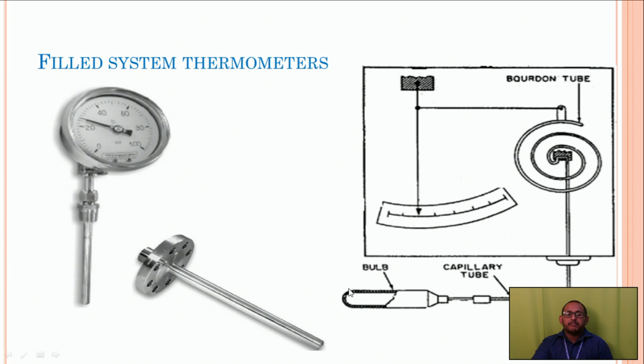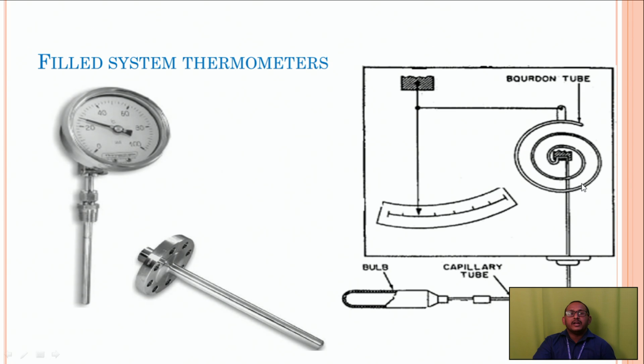Here in the setup, the bulb is filled with the liquid, and if the bulb is subjected to the temperature source, the liquid will expand and come out of the bulb and reach the capillary tube. If the temperature keeps rising, the liquid inside the capillary tube will reach the Bourdon tube.